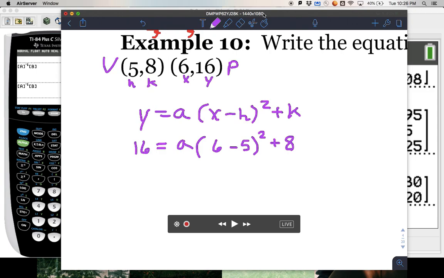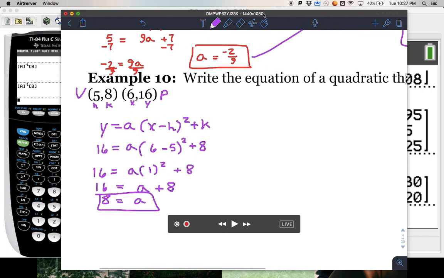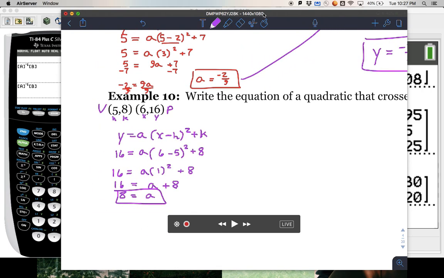Then we start to simplify. This will be 16, and this will be 1 squared. 1 squared is 1, so 1 times a is just a. So a plus 8 equals 16, and then subtract the 8. That gets us a is 8, actually. Happens to be the same number, that was kind of a coincidence.